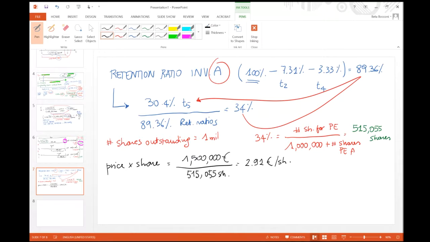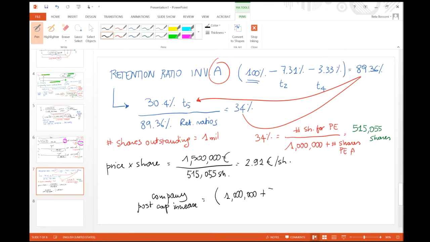We know, in fact, that the company value post-money, post-capital increase, will be essentially a thing of this kind. We have the original number of shares outstanding, the shares in the hands of the founder, 1 million.